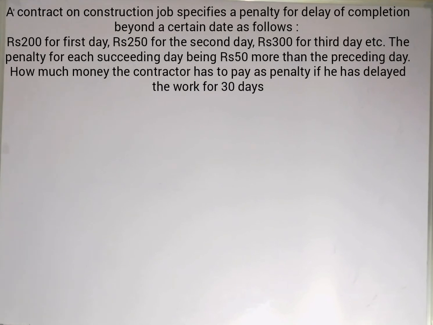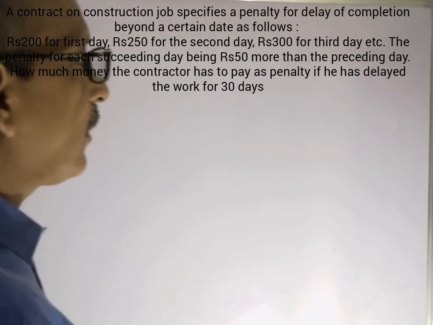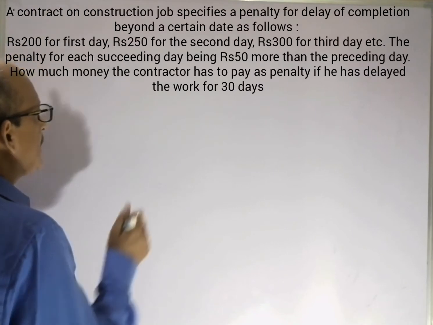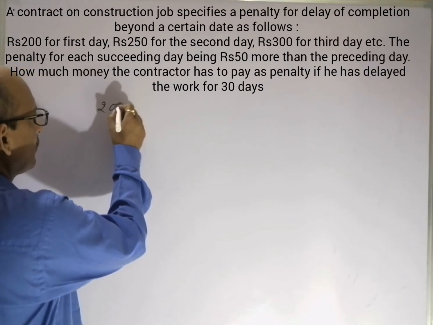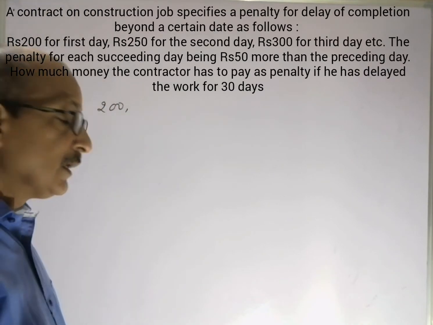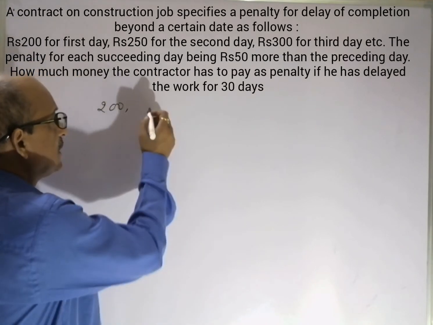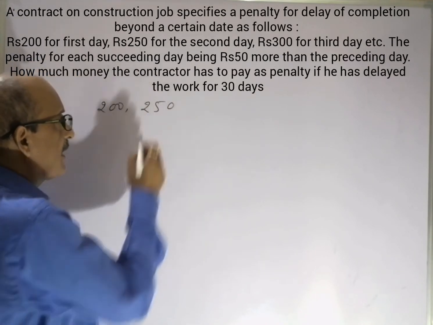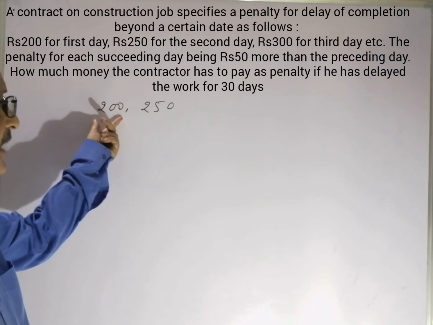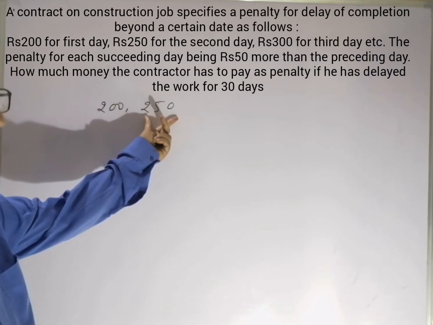So it is clear over here. There are 30 days, means N is 30. Now if going to delay for one day, has to pay the penalty of rupees 200. If 2 day delays, then 250 for the second day. 200 was for the first day and 250 for the second day.